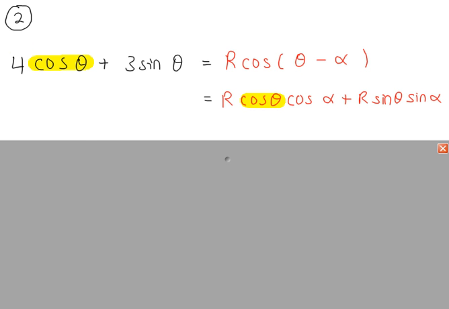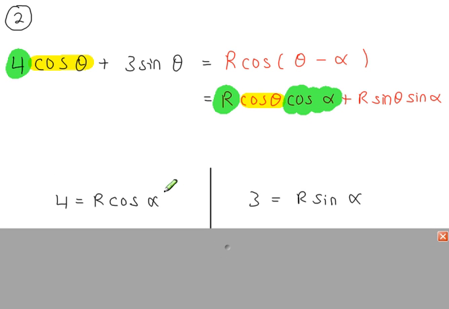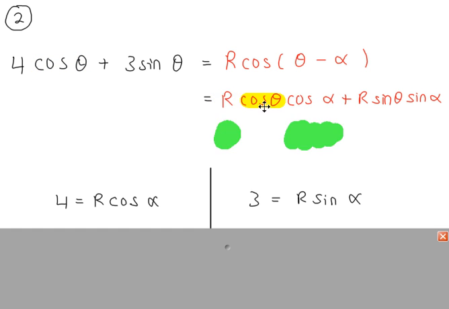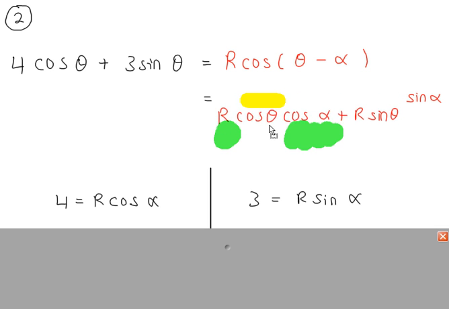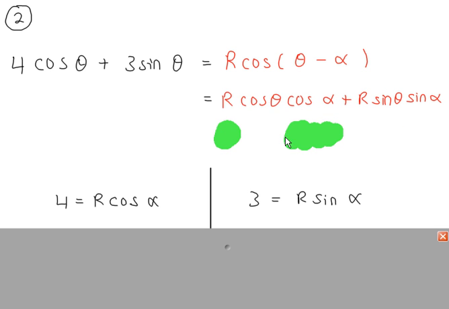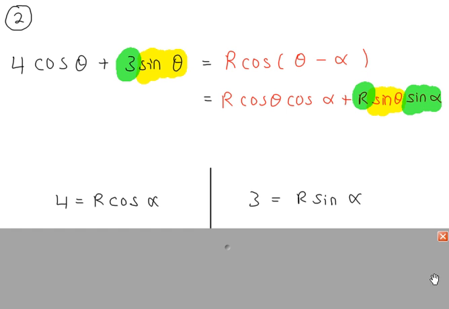So we can say that 4 is equal to r cos alpha. And looking at the sine term, we can say that 3 is equal to r sine alpha.